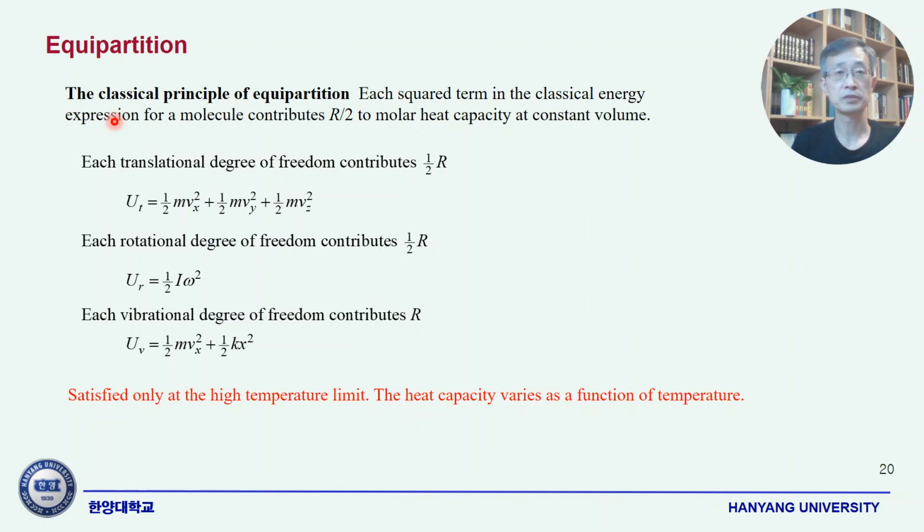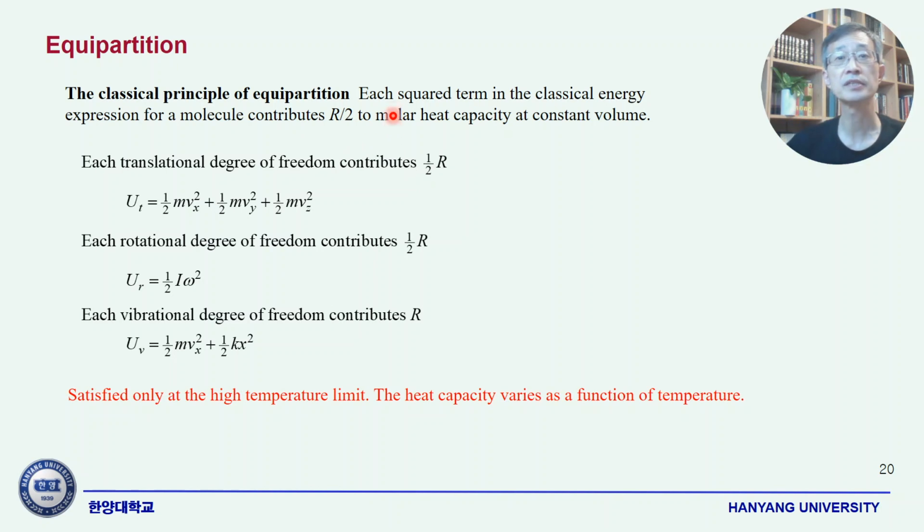So this is it. And here we can consider the equipartition theorem, which in the classical view says that each square term in the classical energy expression, for example kinetic energy, 1/2 m v squared, where v squared is vx squared plus vy squared plus vz squared, contributes 1/2 R to the molar heat capacity.